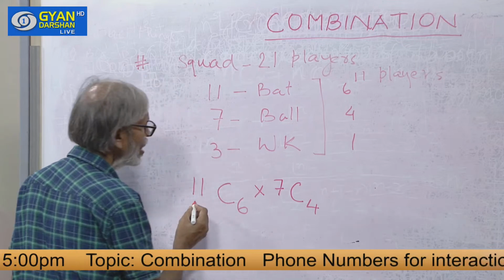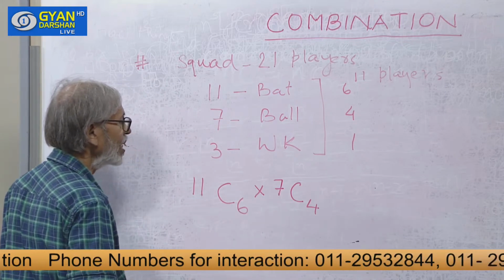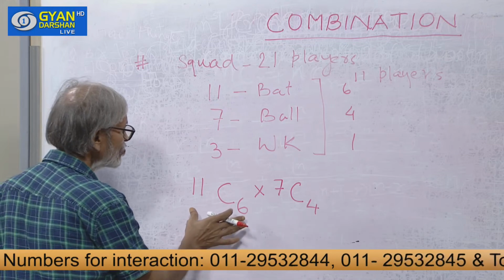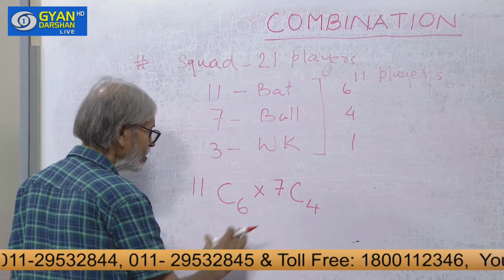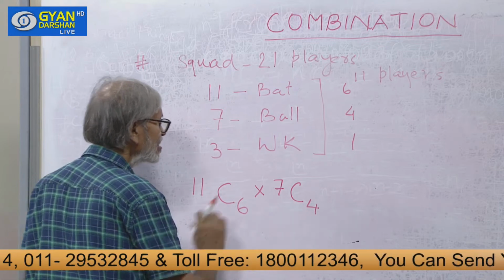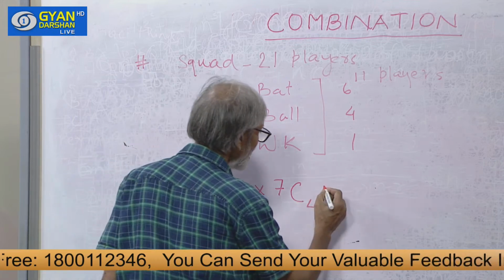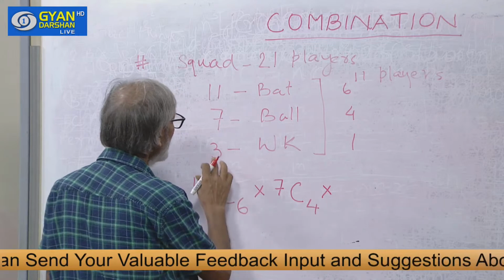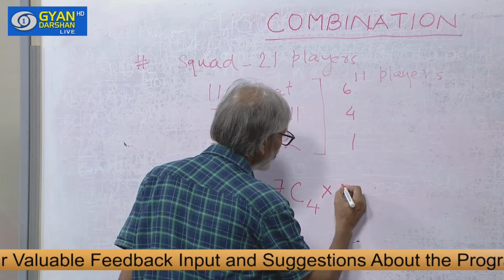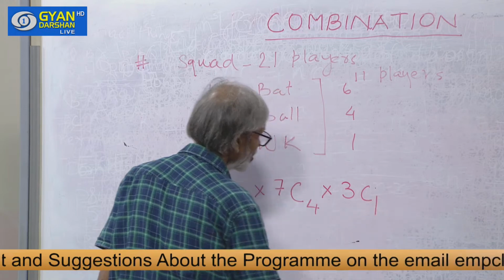So, the fundamental principle of multiplication will be applied here, because these are to be selected simultaneously. So, multiplication will be there, and simultaneously we have to select 1 wicket keeper out of 3. So, this will be equal to 3C1.